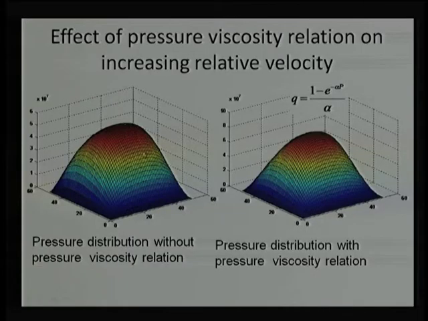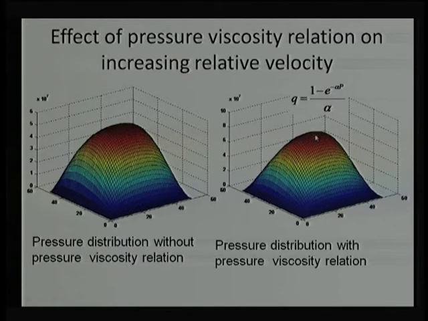Now, if we account for the pressure viscosity relation, we say that in the Reynolds equation we use a Q, and once Q has been determined, we convert to the pressure, and that pressure has been plotted over here with the x and z axis.